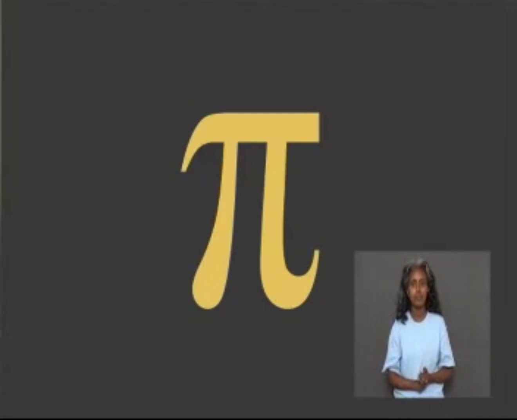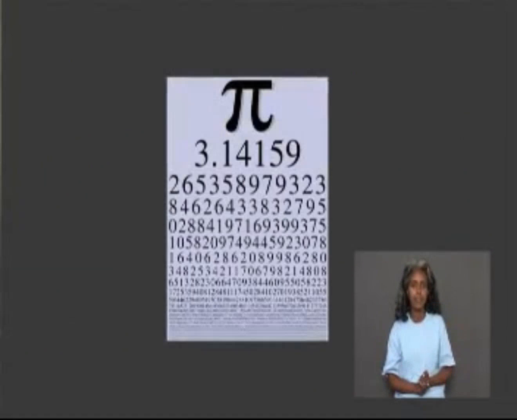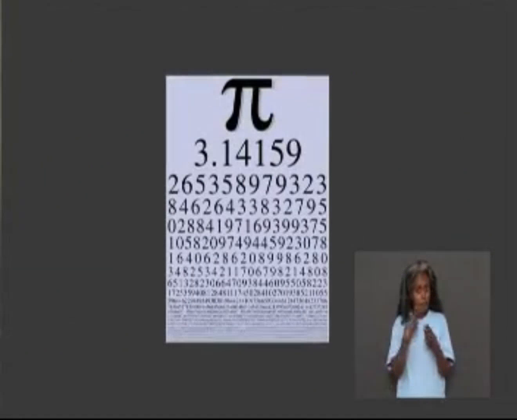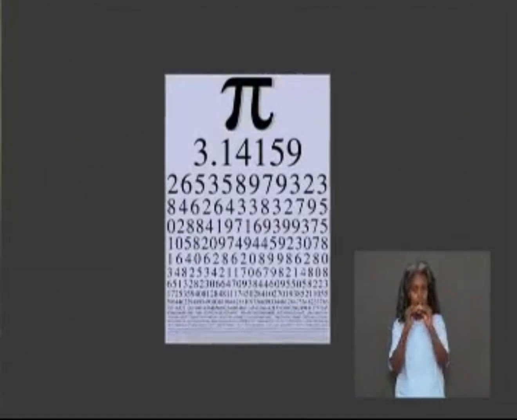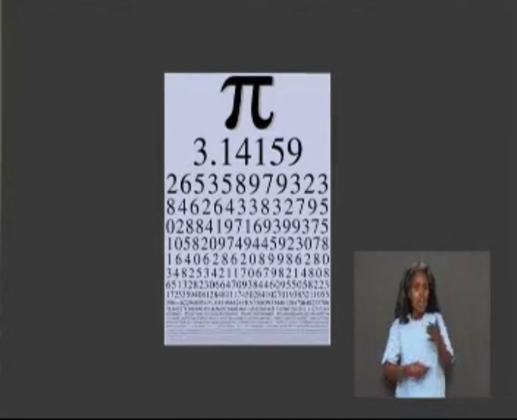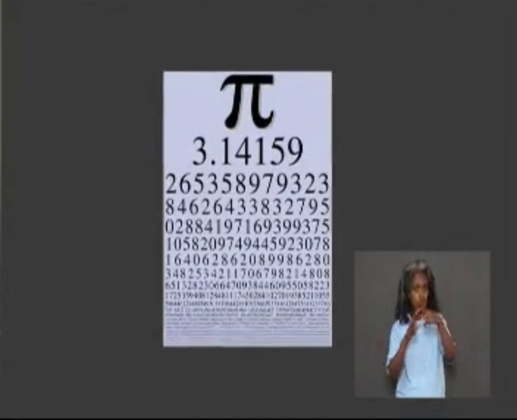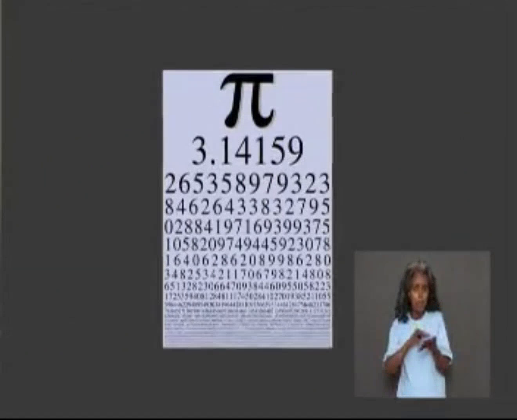But these are only approximations of the value of pi. Some mathematicians have calculated the value of pi to over 1,000,000 decimal places.